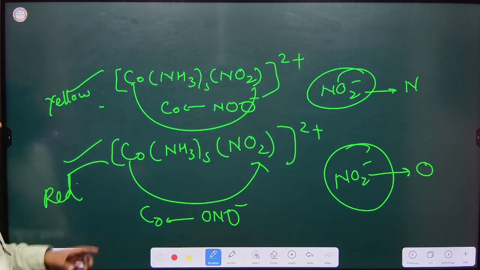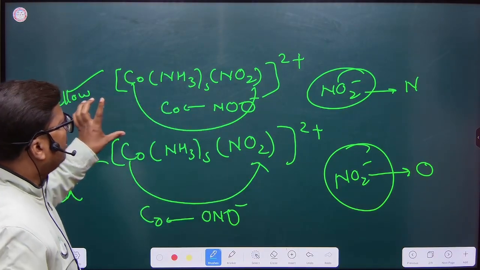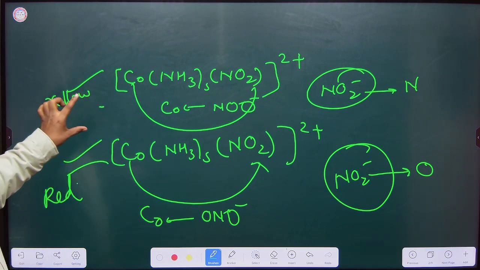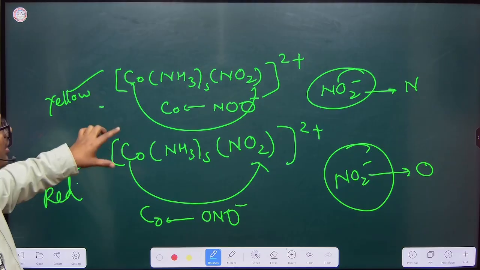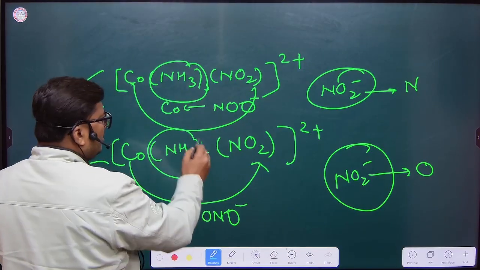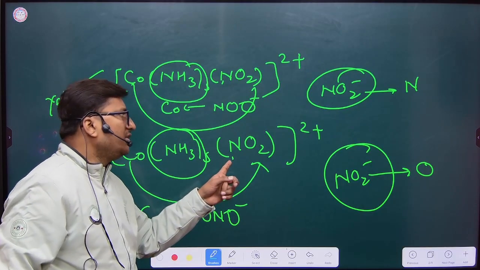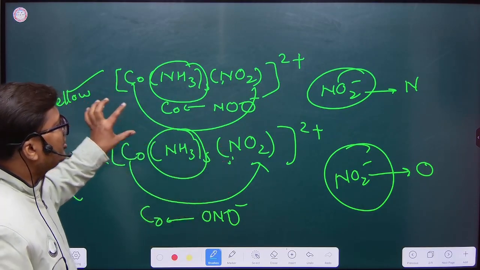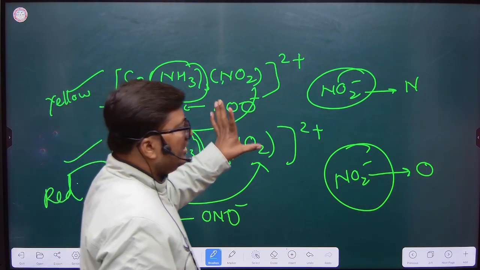So this is the beauty of the ambidentate ligand. It can tailor the color of the compounds and of course the physical and chemical properties of the compounds. Here the five amines are the same, but here nitrogen donor and here oxygen donor distinguish the compounds and their stability.